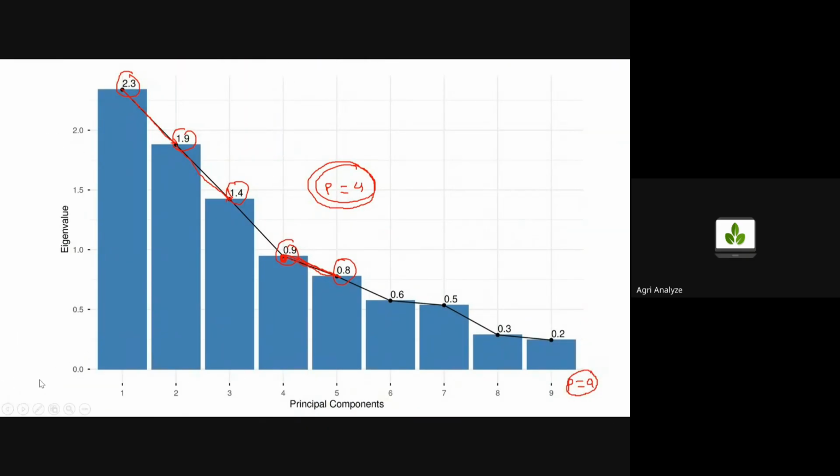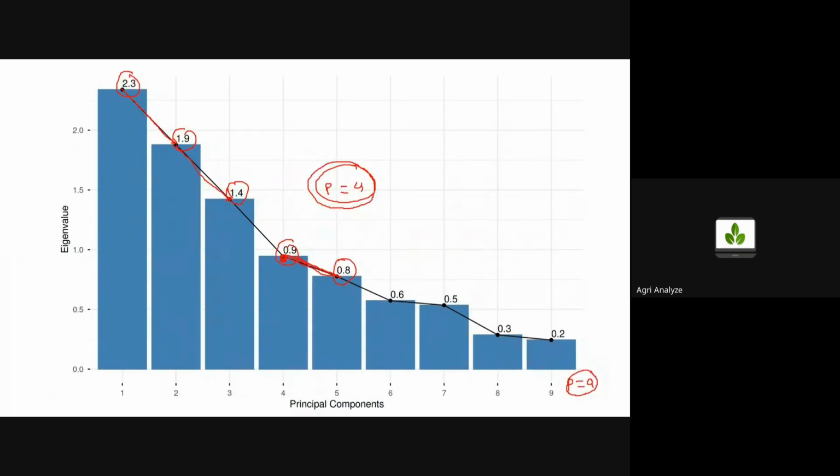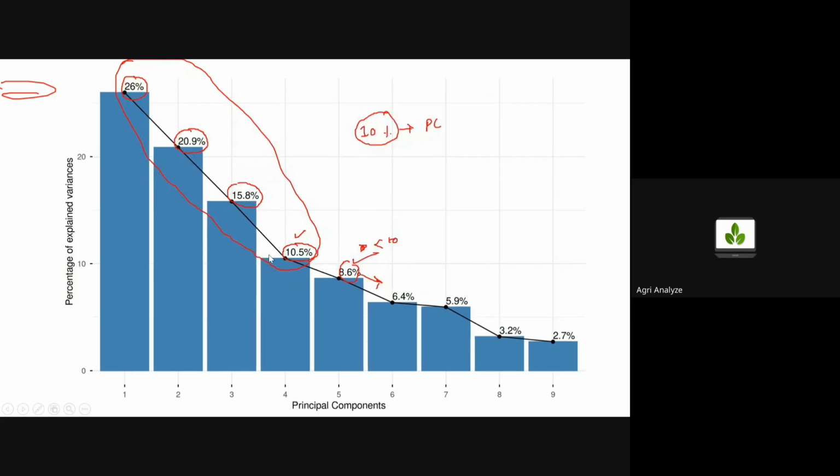In our example, the eigenvalue is 0.9, but the explained variance is greater than 10.5. So it may be based on some data; in that type of data we have to break some type of rule. It is less than 1, but it is near to 1. But the explained variation is greater than 10.5.